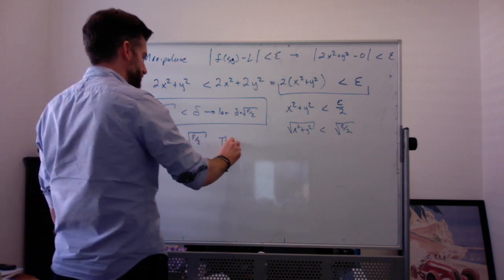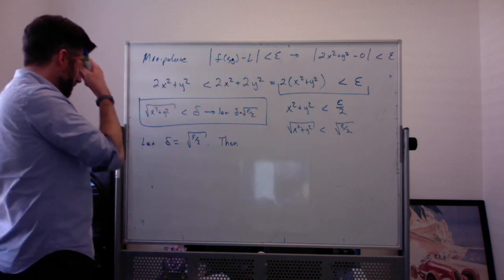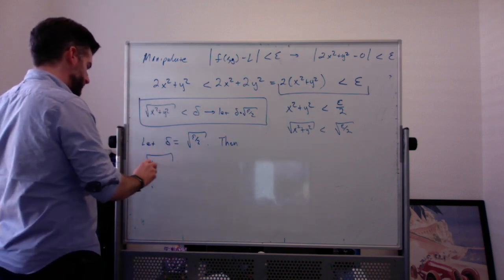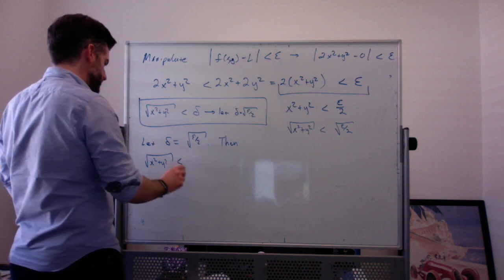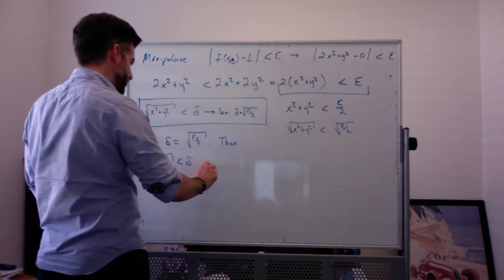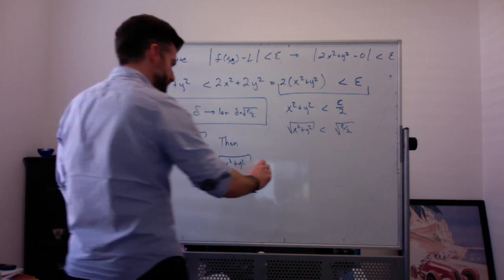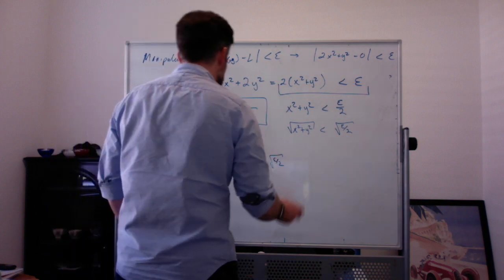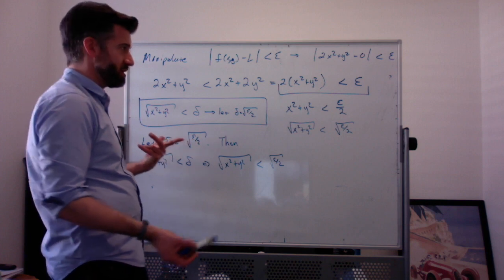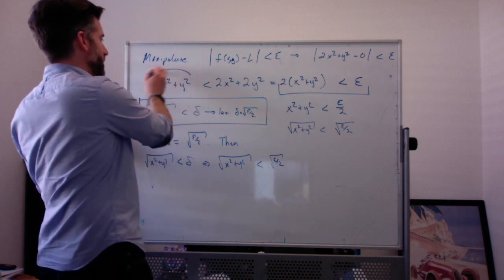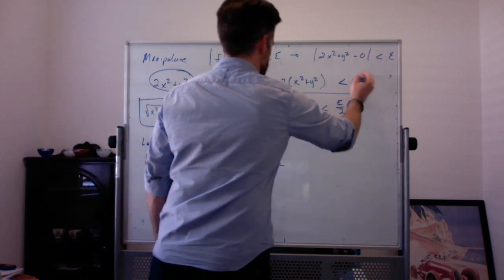Then, the square root of x squared plus y squared less than delta implies that the square root of x squared plus y squared is less than the square root of epsilon over 2. And you can either show all the work, or you can just jump to saying, oh, well, that means what I want. That that's less than that.